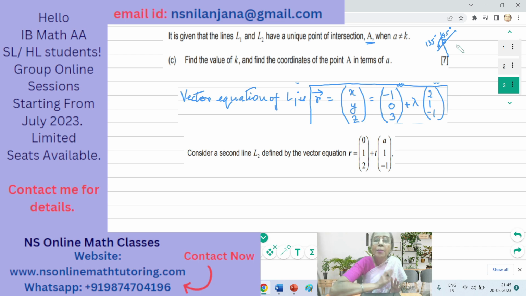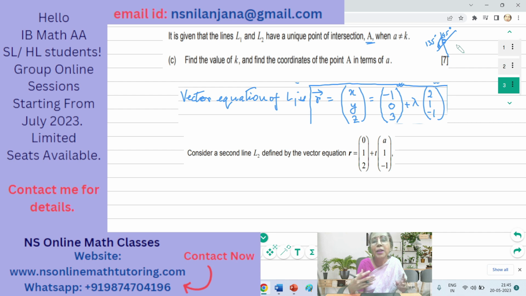So don't take that they are intersecting at 45 degrees. That is not sure. But what is sure is the equations of the two lines. Because the lines are the same, therefore their equations will be the same. A may not have the same value as we had found the two values of A in the subpart B. A may not be having any of those two values.